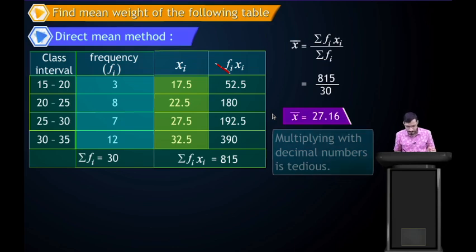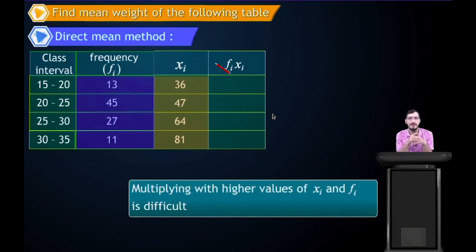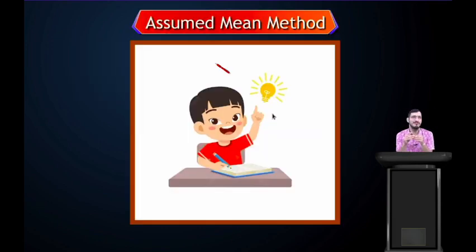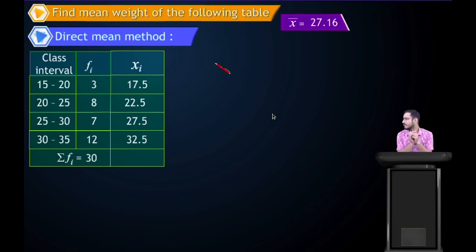And multiplying with higher values of xi and fi is difficult. So do we have a simpler method? Yes, we have one more method, that is the assumed mean method.